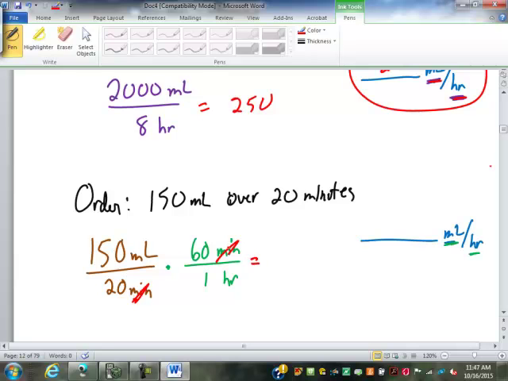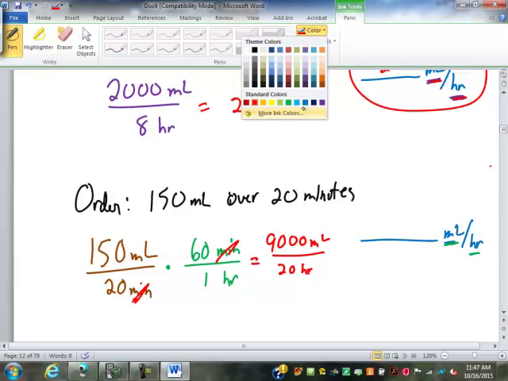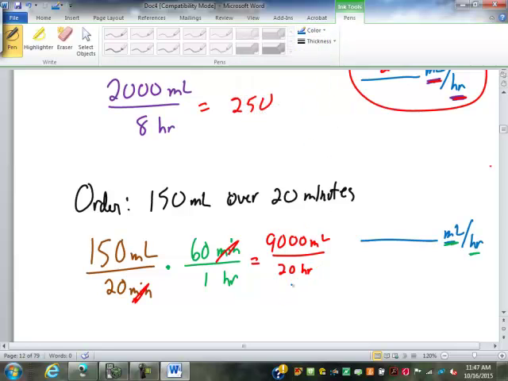We have 150 times 60, which is 9,000 milliliters over 20 hours. We divide that out: 9,000 divided by 20 is 450 milliliters per hour.